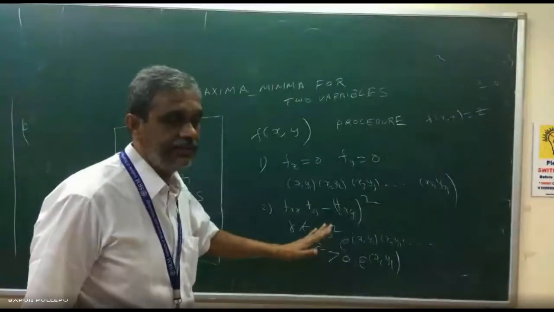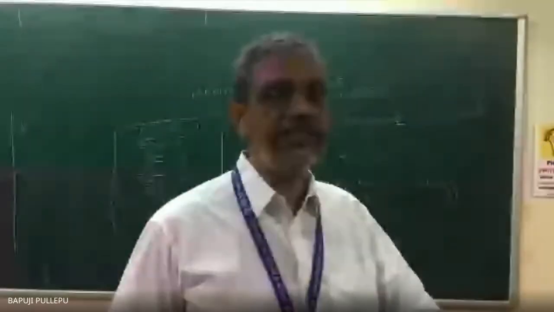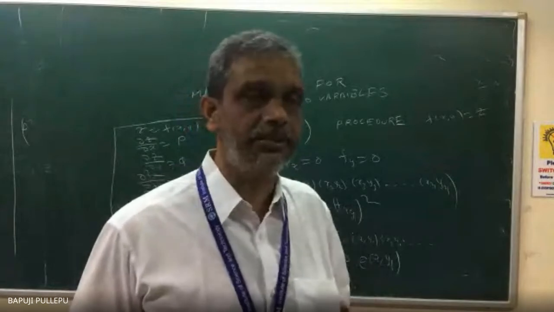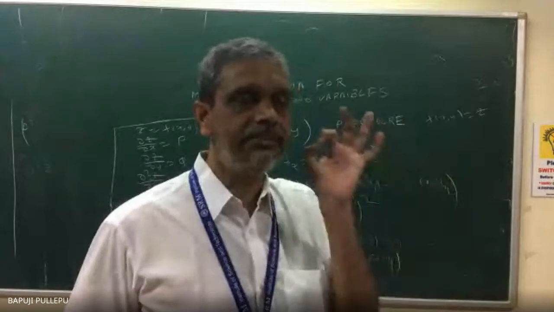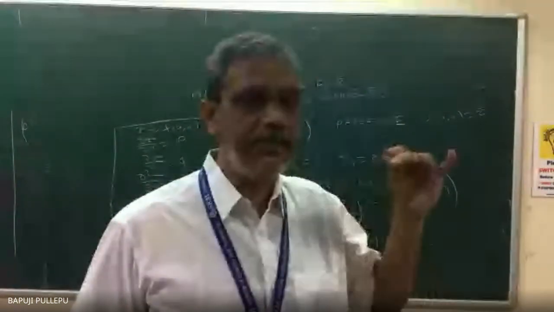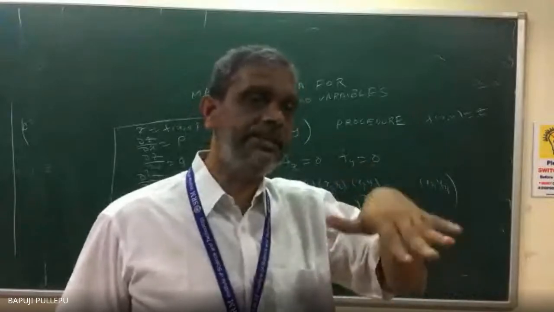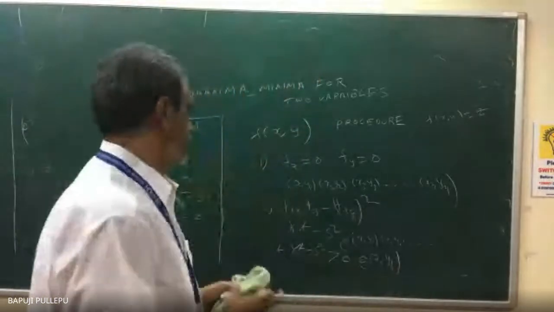RT minus S square greater than 0 means my door will be open. I can go inside. Then further I can play. If it is RT minus S square less than 0 or equal to 0, I can't. Procedure is what? At whatever points this is greater than 0, I can say these points attain maxima or minimum. Correct? Next.